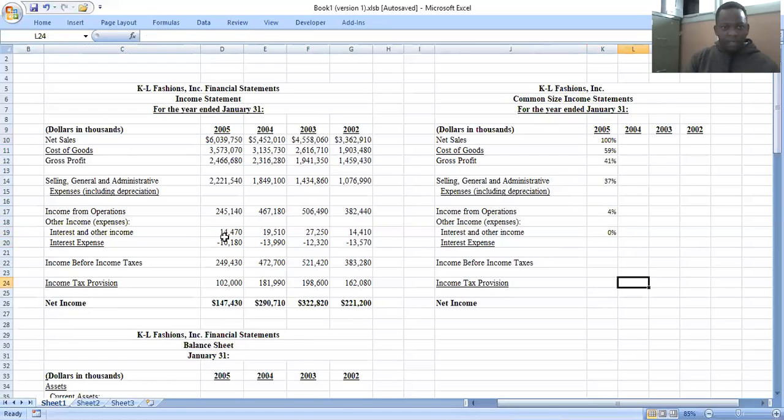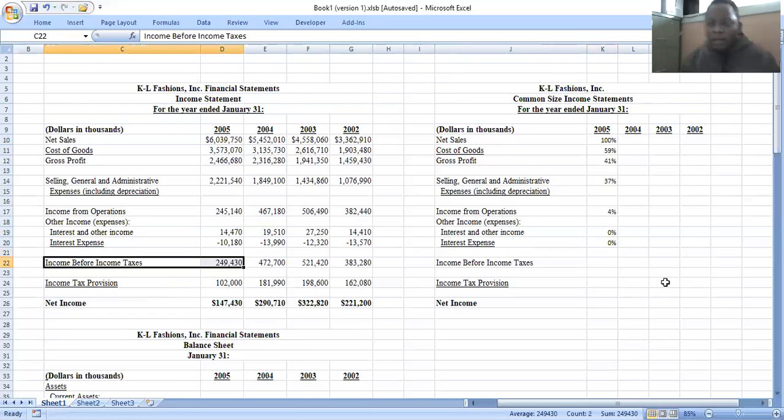And then for the interest expense ratio, it shall be equal to the interest expense divided by the net sales. That is negative 10,000 divided by 6 million, which is still a negative 0%, but that is because it has been rounded off.